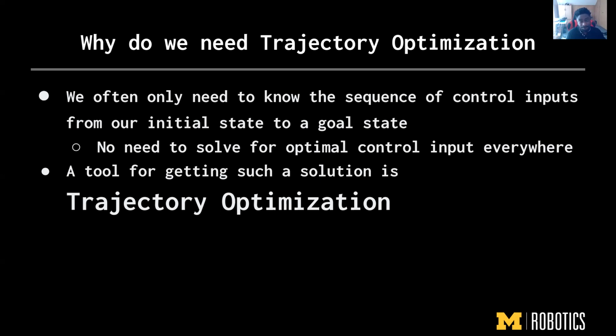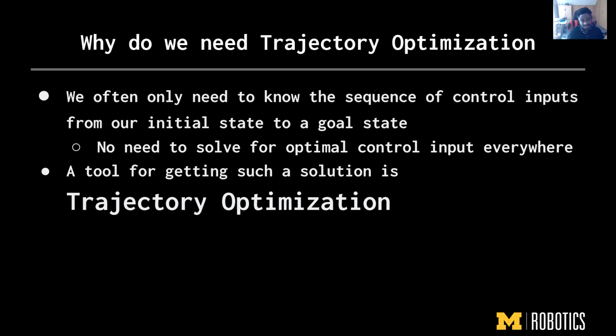But trajectory optimization avoids that problem by saying that when you actually think about it, we don't really need to get the optimal control inputs from every single state in our state space. We only need to get the optimal trajectory from some start state along some specific trajectory to some goal state.